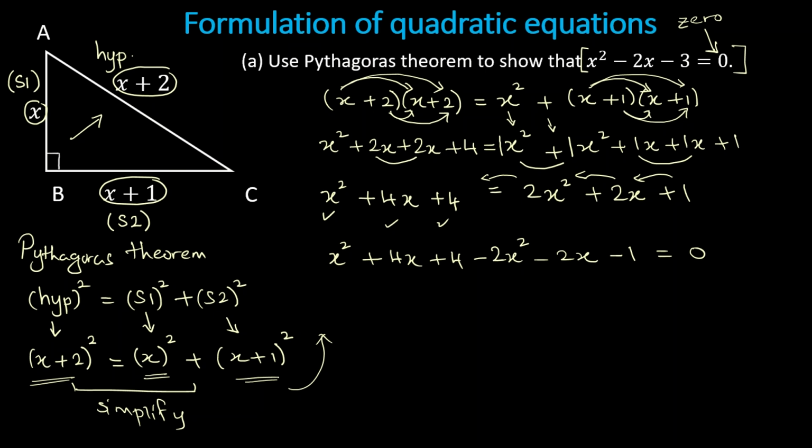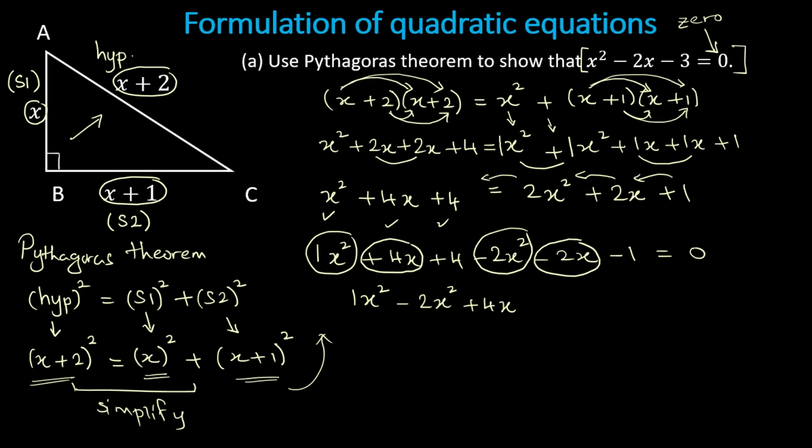Now we have to add and subtract the like terms. So I take 1x squared, I group with negative 2x squared. So these are like terms that can be added or subtracted. Then I take the term in x, which is plus 4x with negative 2x. Again, these are like terms. We can add and subtract.